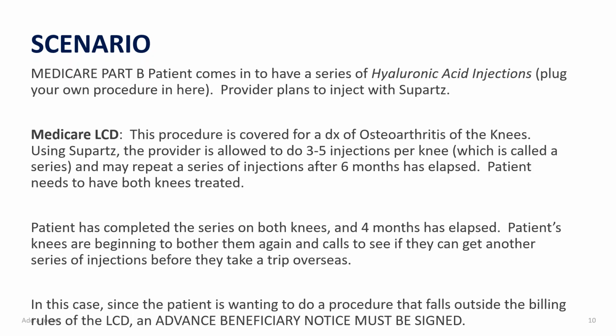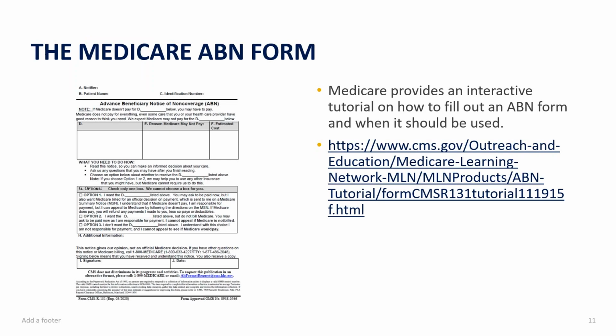In this form, you need to decide whether you want to bill Medicare and see what Medicare says, or pay cash for the services, or not have the services. And so you would tell the patient this. Now, this is a sample of the Medicare ABN form.